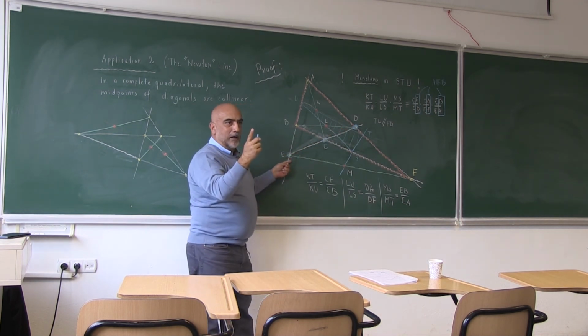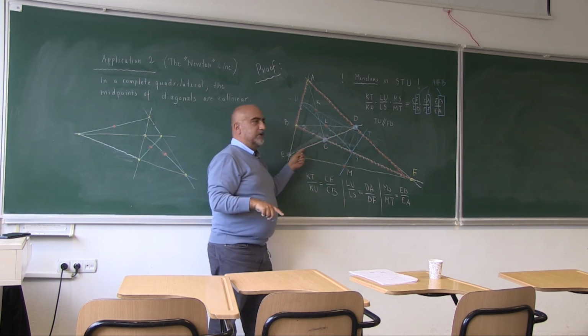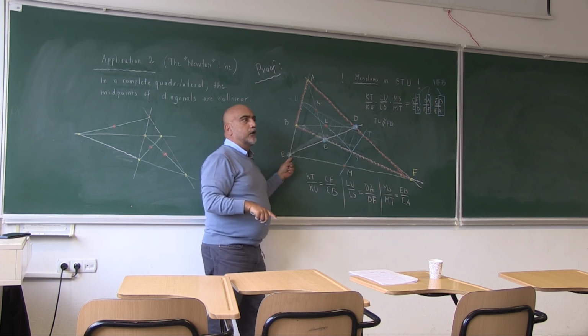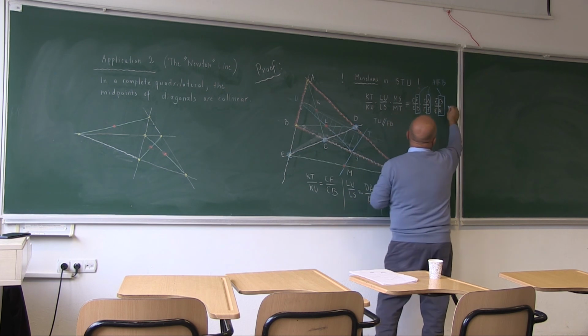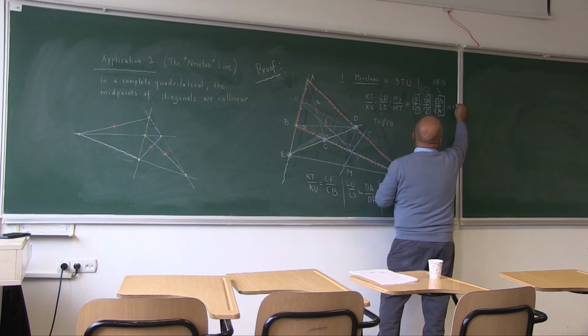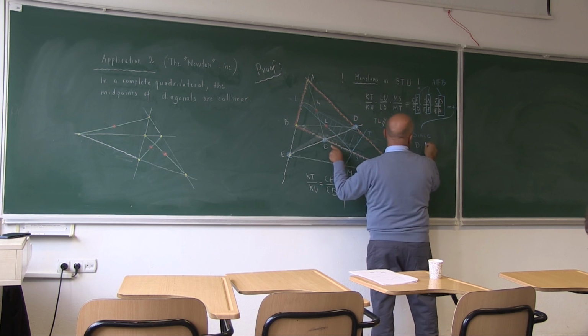So now I'm applying Menelaus' theorem this way. Three points on respective sides are collinear. Hence this is equal to +1, since D, C, E are collinear.